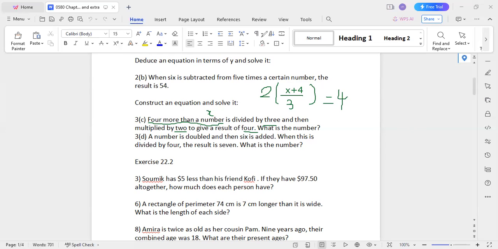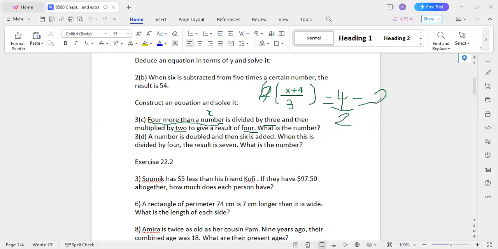Okay, looks like we have a few answers here. So 4 more than the number is divided by 3, then this result is multiplied by 2 to give a result of 4. What do we do in the first place? We divide this by 2.